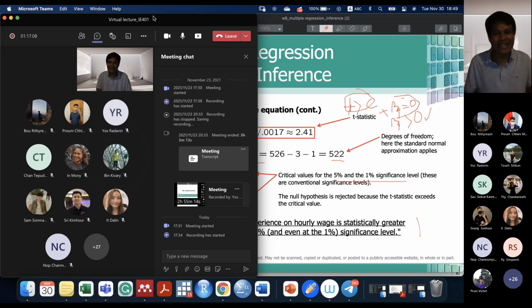P is the next step. Normally, to construct P, you need T. Next week, you will discuss the P value, and the P value is the easier way to reject or accept the null hypothesis. You don't have to compare with the critical value. Your question is good, but we will discuss P next week.